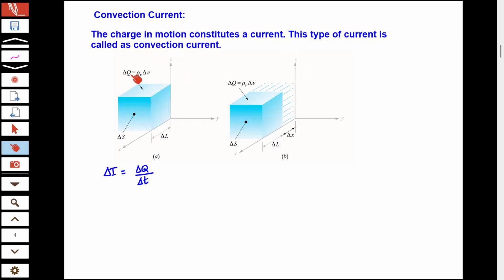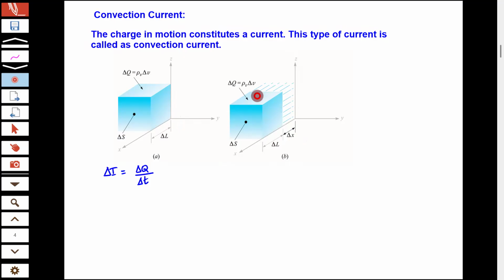Then the total charge contained in the volume can be given as rho V into del V. If we consider the cross-sectional area is del S and the length of this volume is del L, in moving the charges through a distance of del x, then we can write how much current will be there due to this movement of charges through a distance of del x.